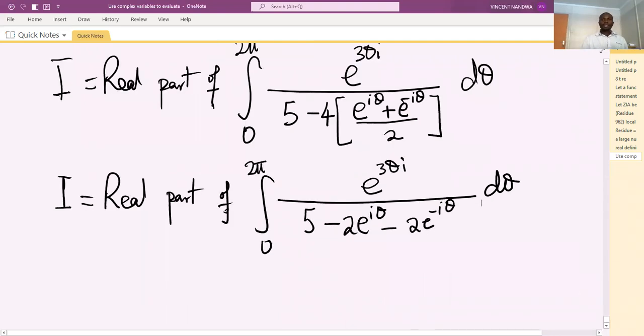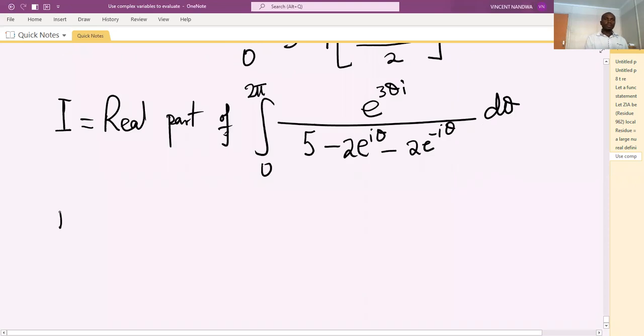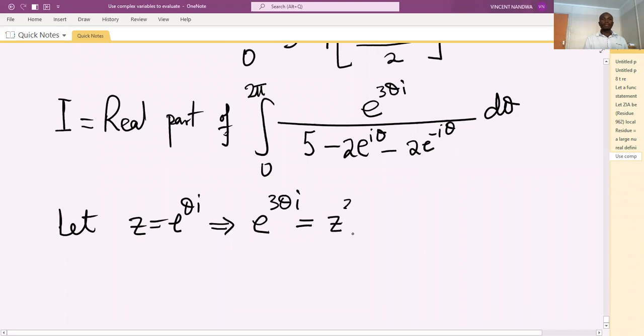Now let's introduce the z variable. So say let z be given by e raised to power theta I. So it implies e raised to power 3 theta I will be z cubed.